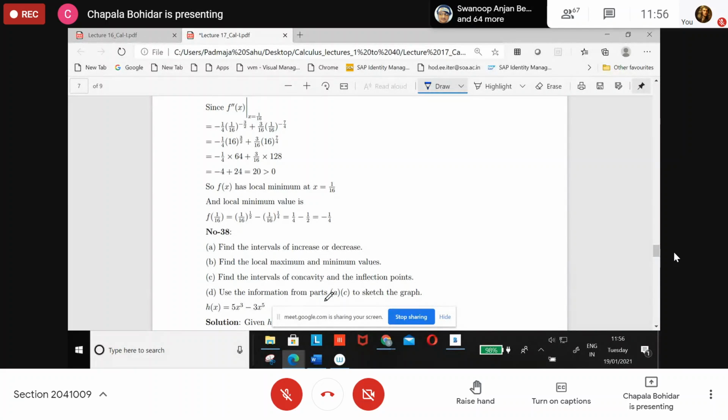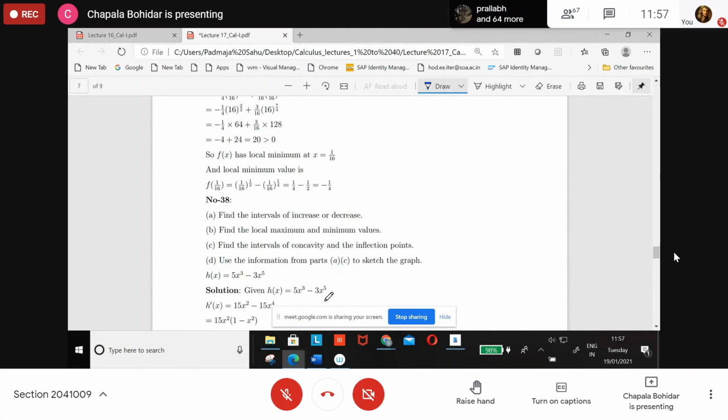Find the intervals of concavity and the inflection point. Use the information from parts A to C. Sketch the graph. You will not get sketch the graph. First do all these three, A, B, C.